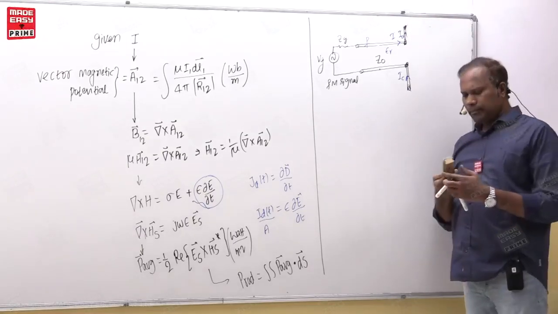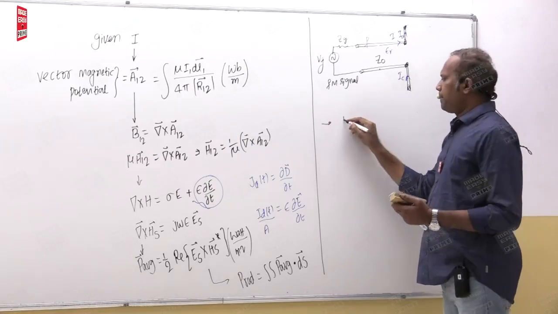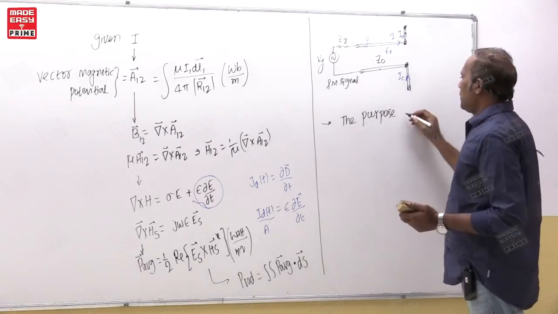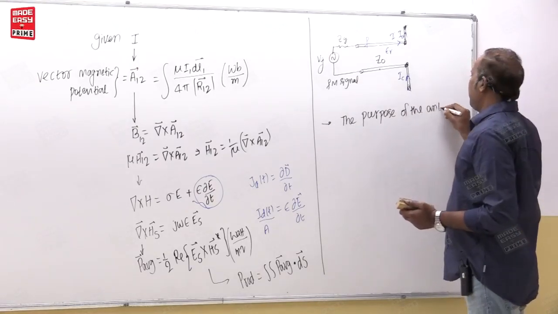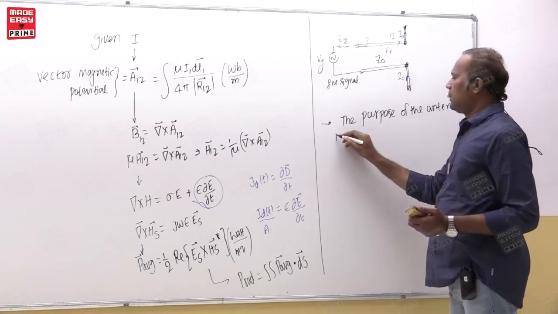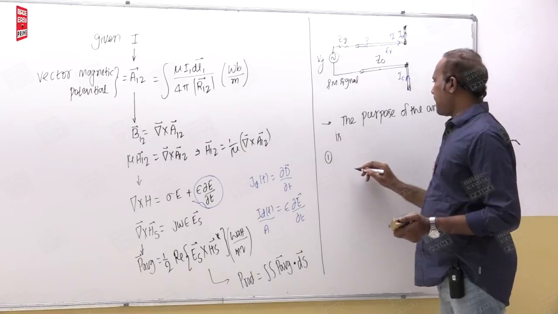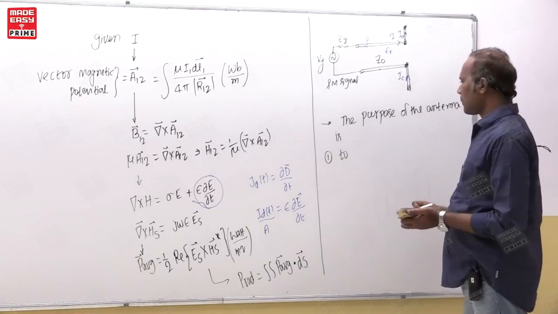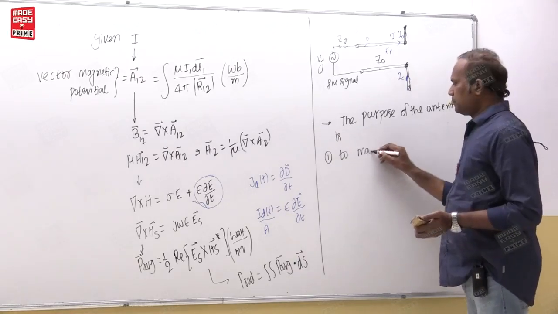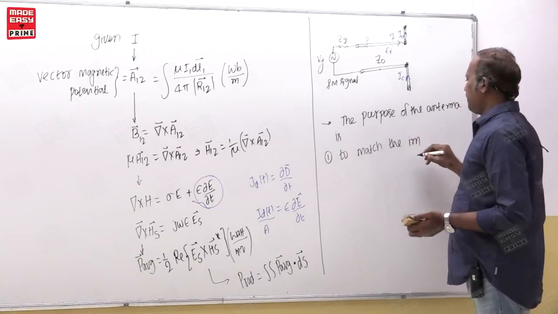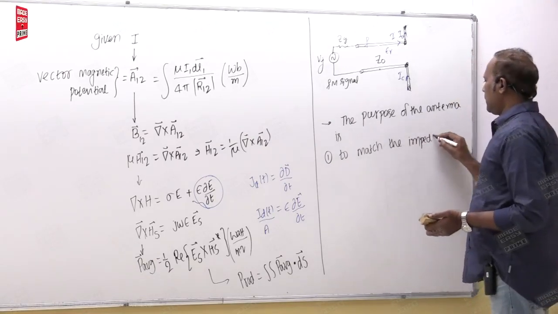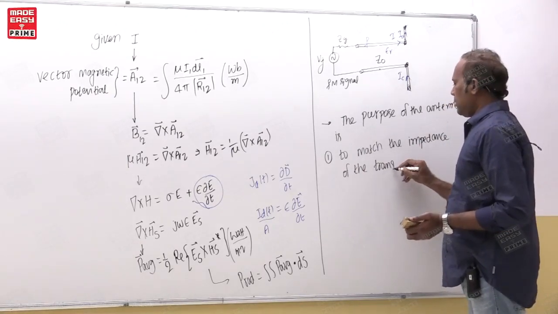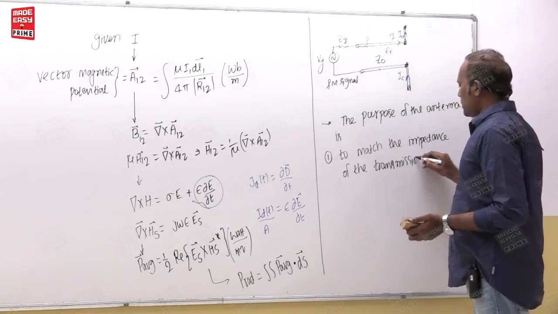So here the purpose of the antenna, first one, is to match the impedance of the transmission structure.